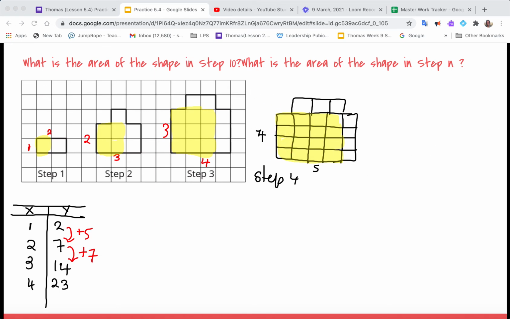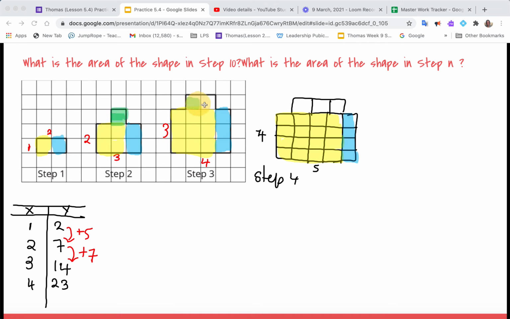Each time I also have 1 row, 1 column of the step number, 1 column of my step number, 1 column of my step number, and then on the top, I notice, oh, this is my step number minus 1.